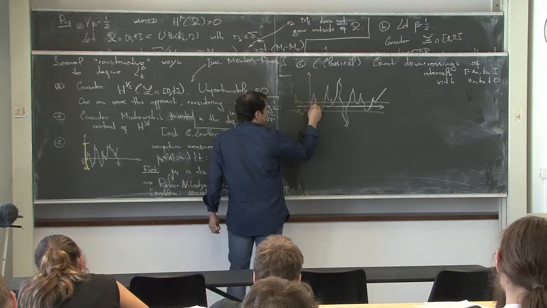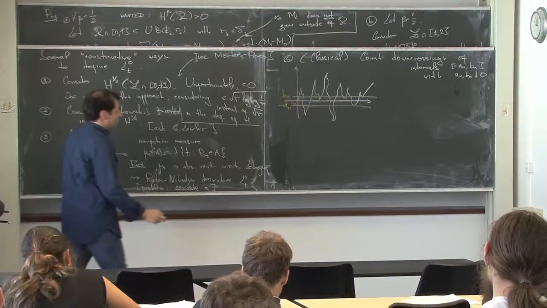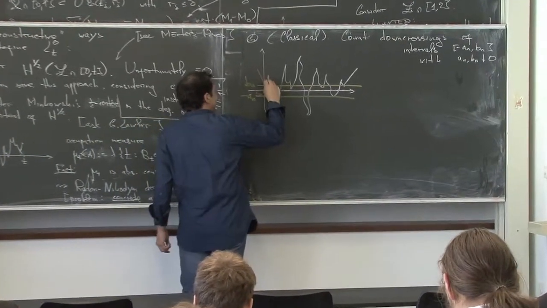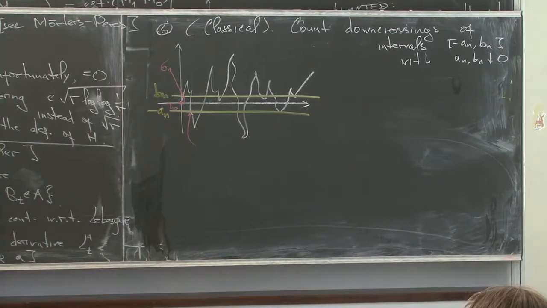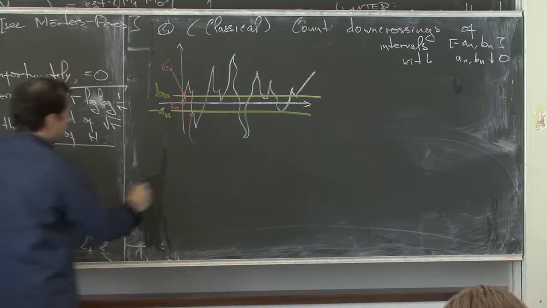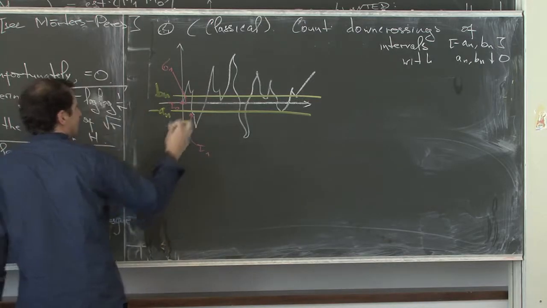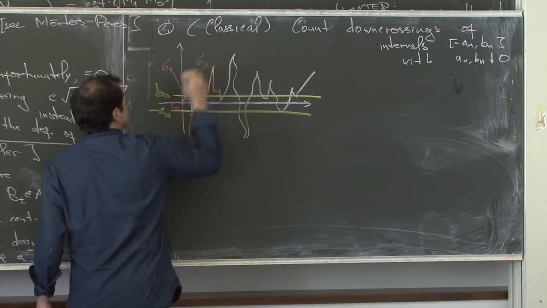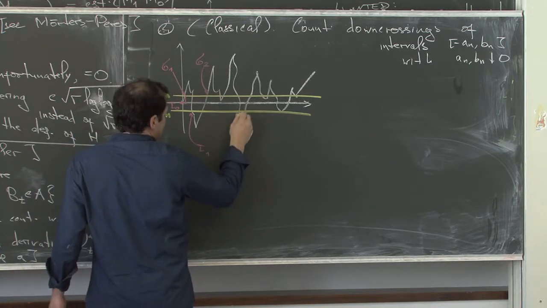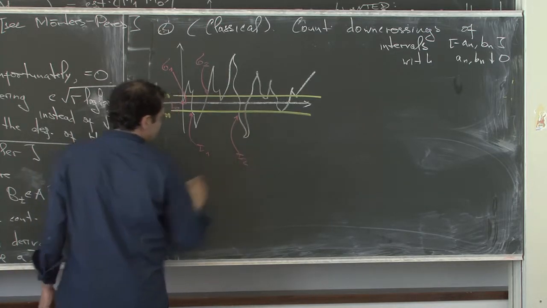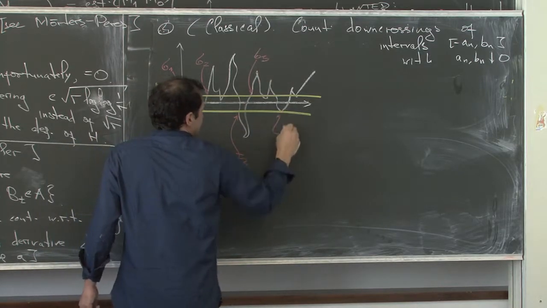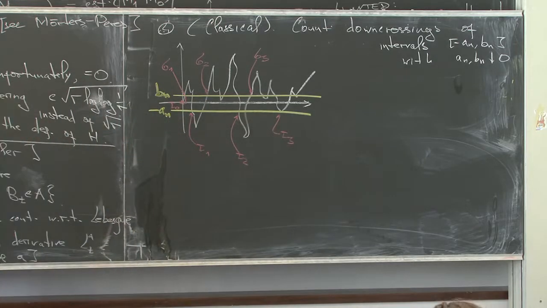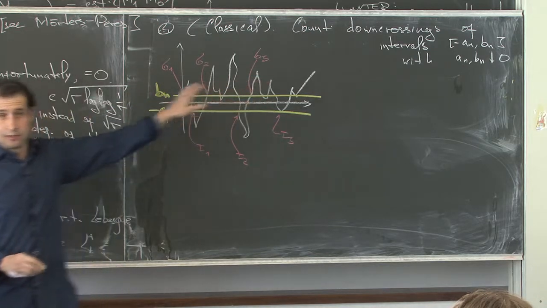Then the first time we cross the above level is called sigma 1. The first time we cross the lower level after sigma 1 is called tau 1. Then this is sigma 2. This is tau 2. This is sigma 3. This is tau 3, etc. All of them are stopping times.